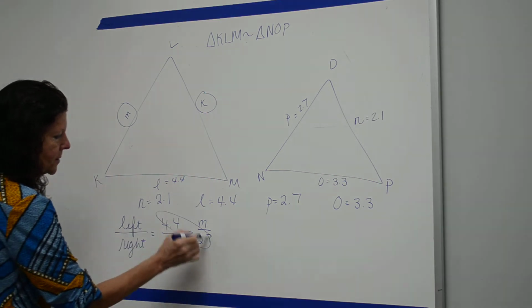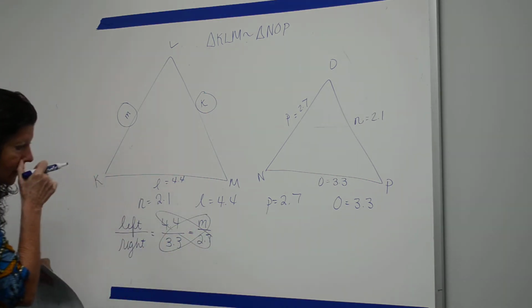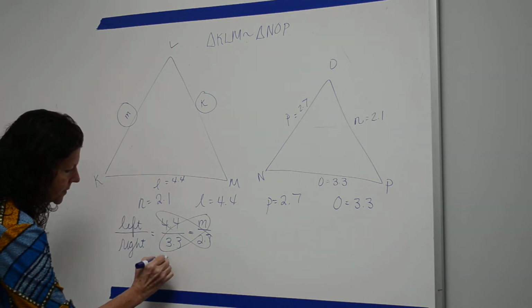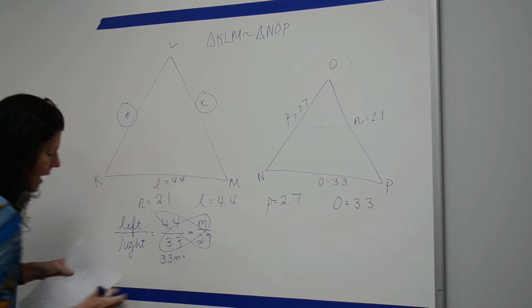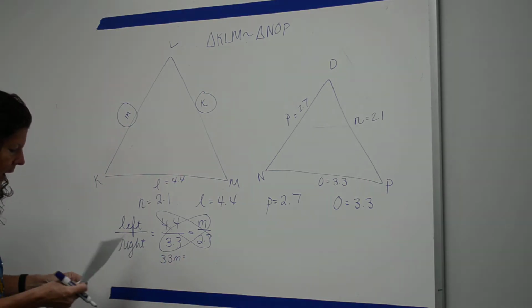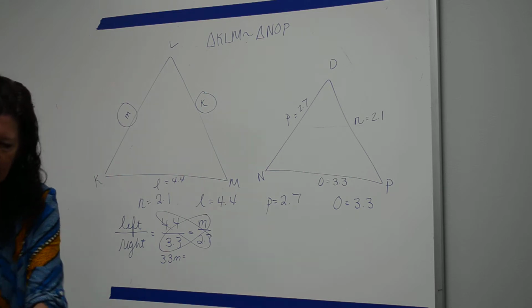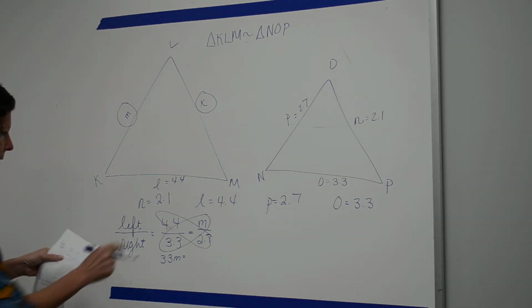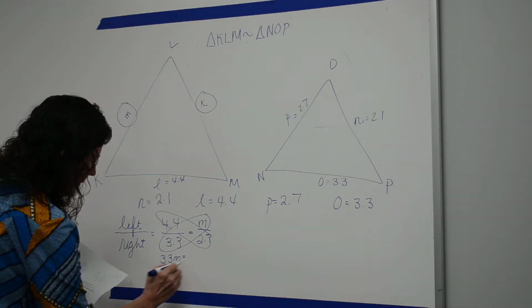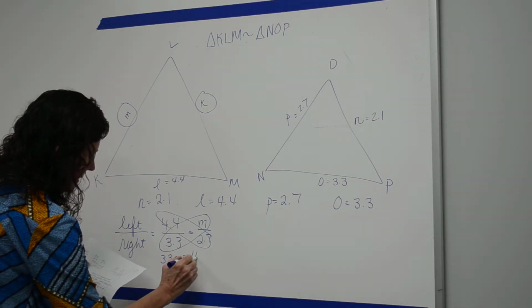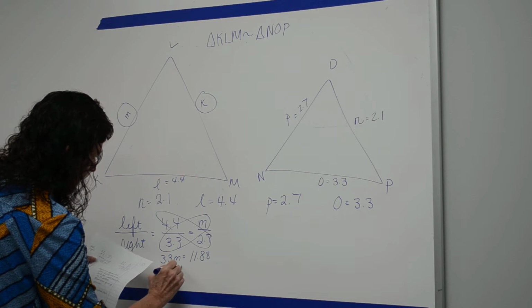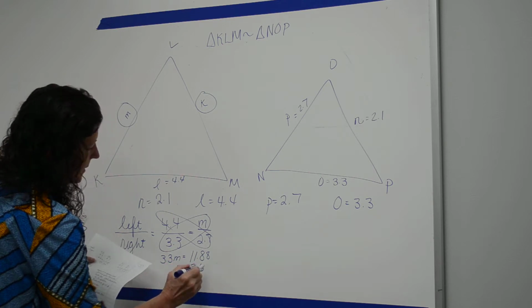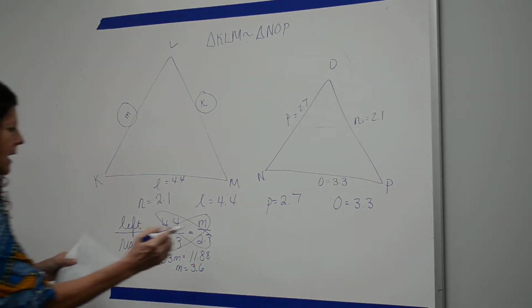So then I'm going to cross multiply here. And for the sake of space, I'll just go ahead and do this out. So let me turn the page here. Okay, on this particular one, I find out that that's 11.88 and m is equal to 3.6. I hope this is still in your viewing area.